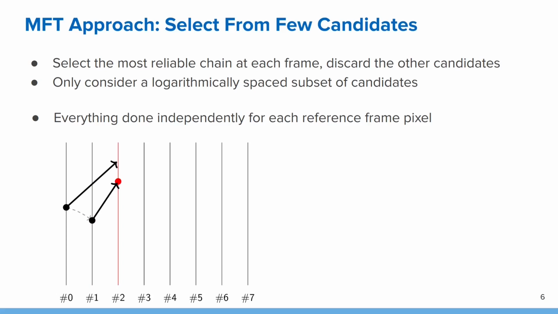The first one is matching directly between the template and the current frame. The second one is computing the optical flow between frame number 1 and the current frame and chaining it with the result on the previous frame. This results in 2 correspondence candidates. MFT selects the most reliable candidate according to a strategy that we will describe in a moment. Any other candidates are discarded. The selected candidate is marked by the red dot in the diagram.